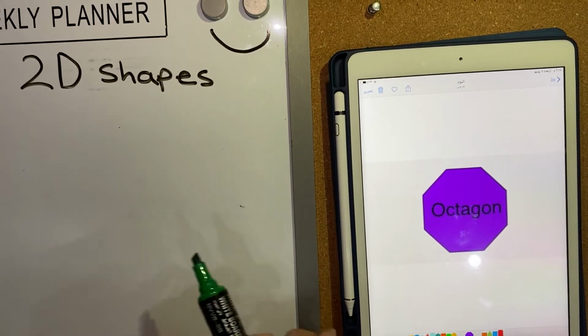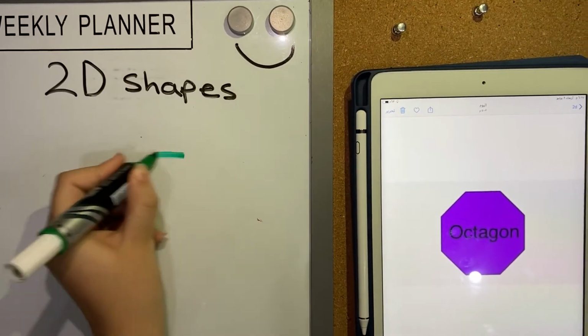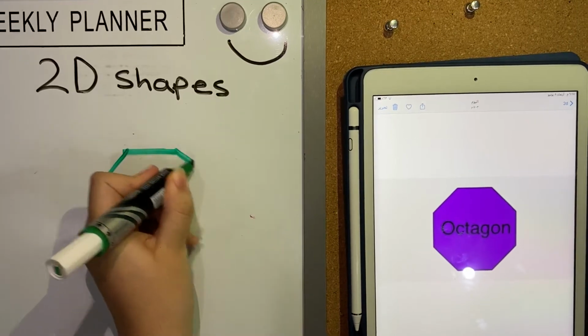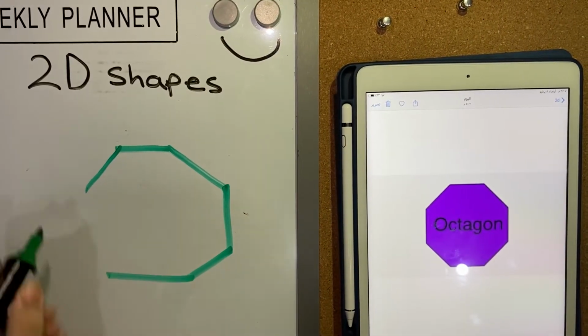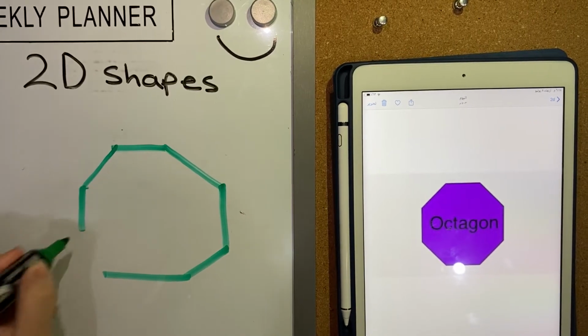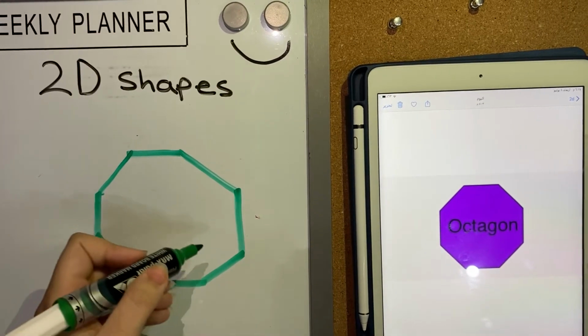Okay, let's draw the octagon. Okay, so this is the octagon.